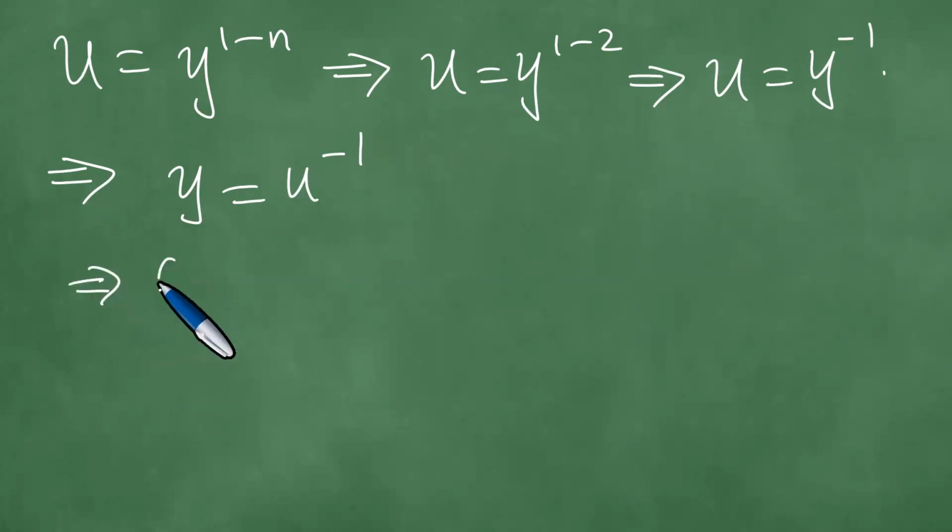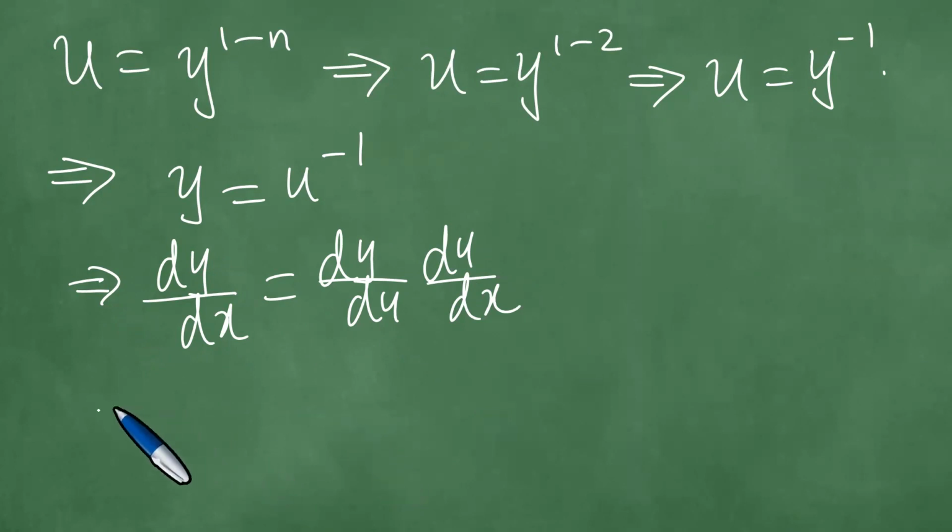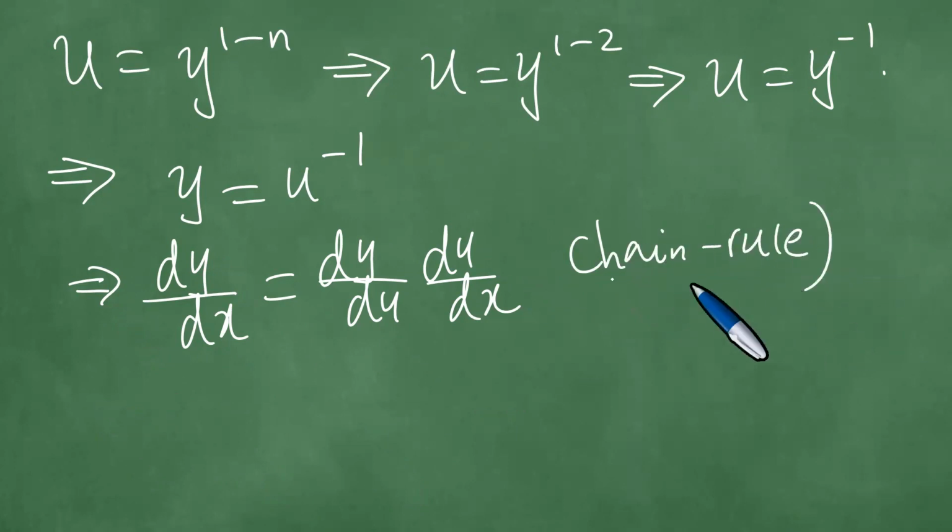And now we can get dy/dx, which is dy/du times du/dx, courtesy of the chain rule of differentiation.